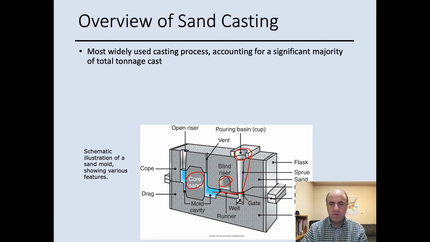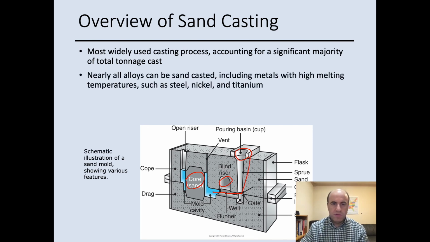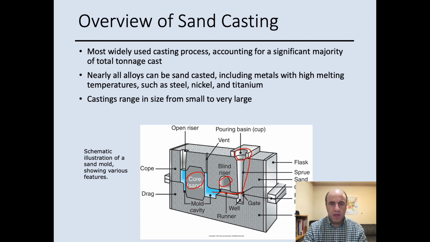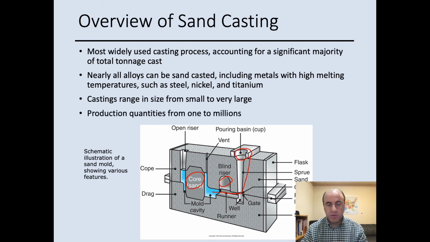This process is very well known in the industry, and it can be used for steel. We can use it for nickel, titanium, high melting temperature materials, and it can make parts from small to very large. That is a very good thing about this process. You can make a very big part, and that is not possible with other casting processes.